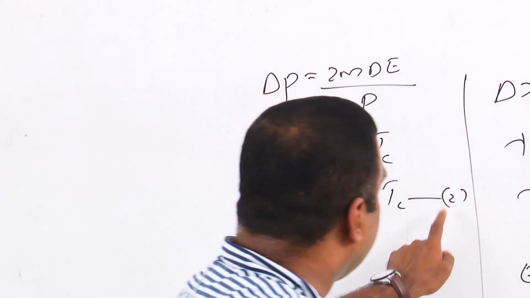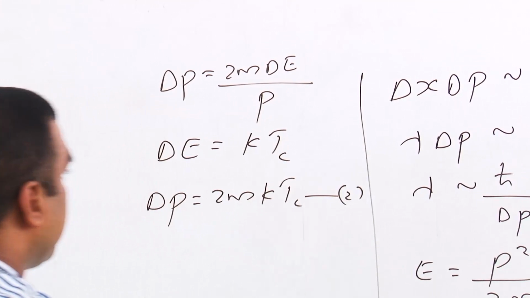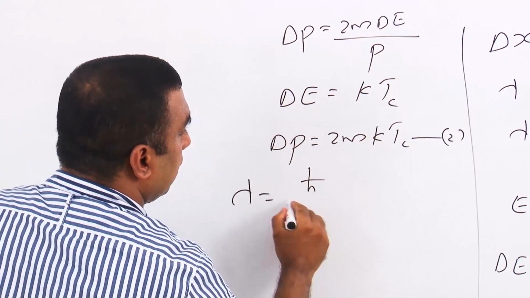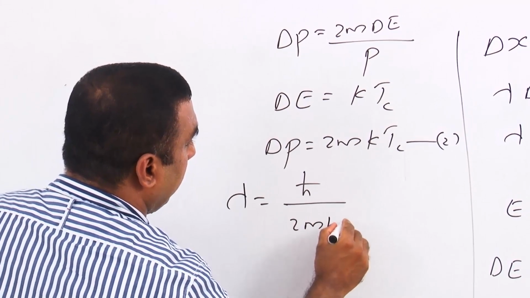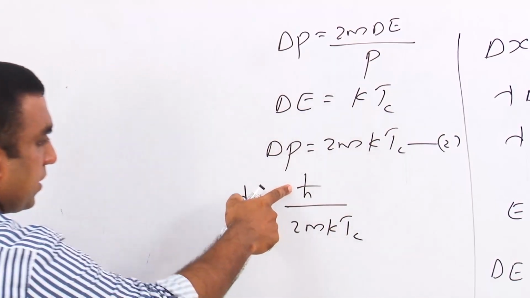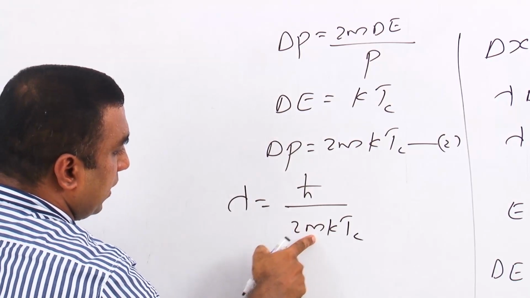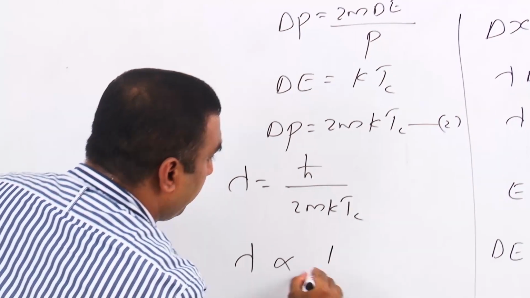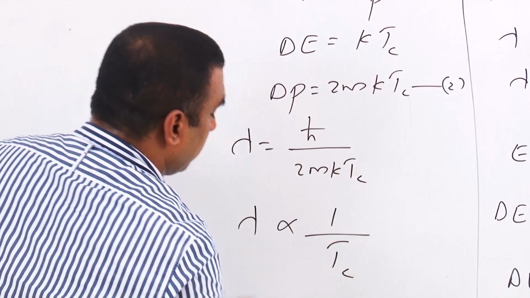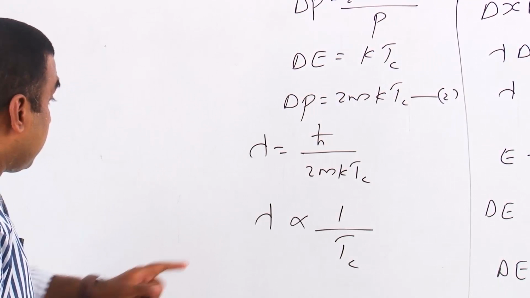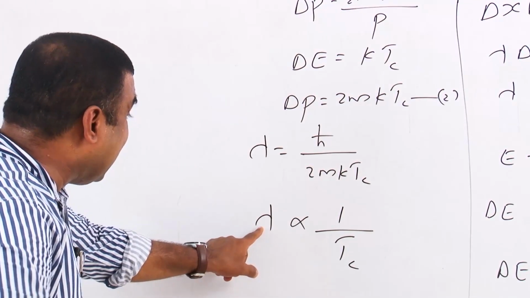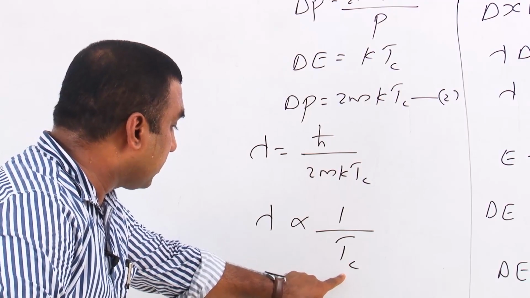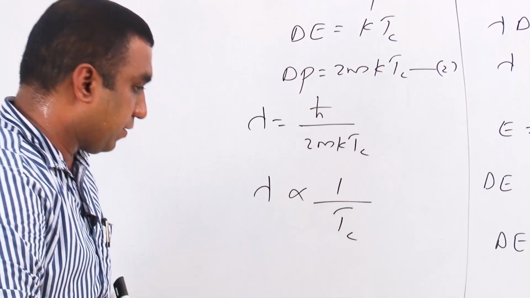If I substitute this expression in 1, we get lambda is equal to h cross divided by square root of 2m kTc. Here h cross is constant, 2 is constant, m is constant, k is Boltzmann's constant, and lambda is inversely proportional to critical temperature. That is, as coherence length decreases, the critical temperature or superconducting transition temperature increases.